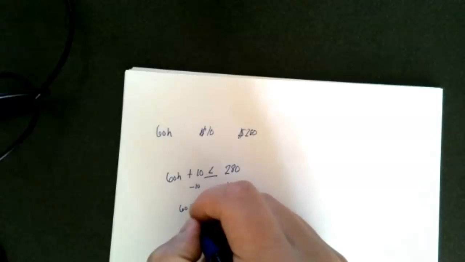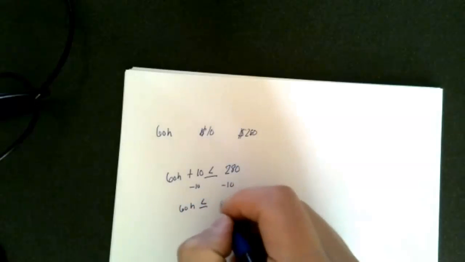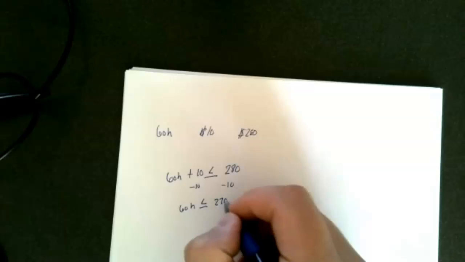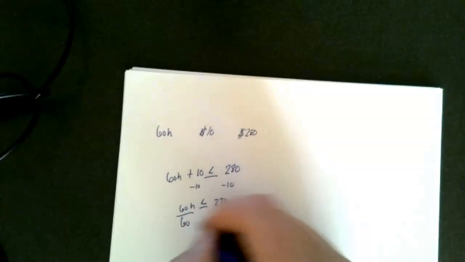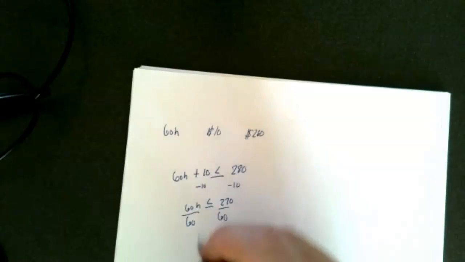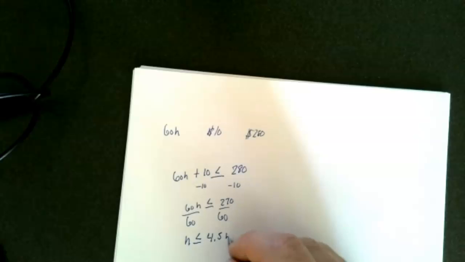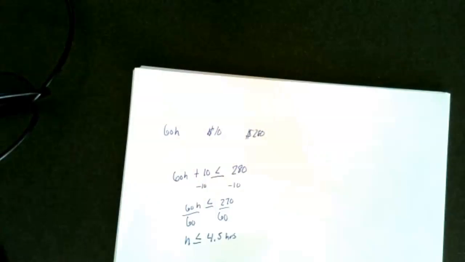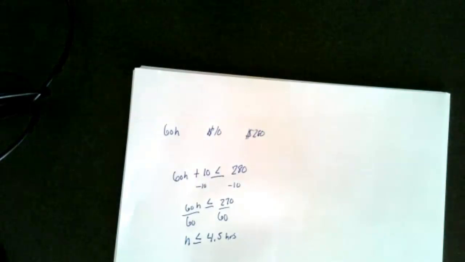You get 60h is less than or equal to 270. Divide by 60 on both sides, and we get h must be less than or equal to 4.5 hours. Okay, that's the total amount. If they allowed you to rent it for half an hour, she'd be able to get 4.5 hours.